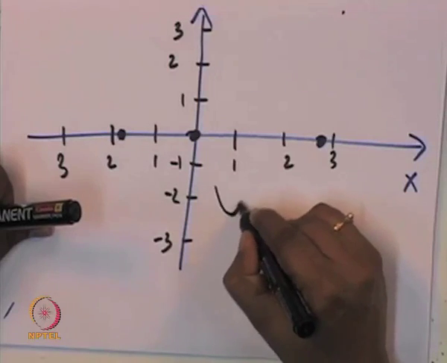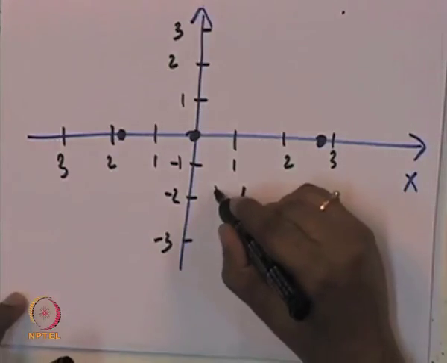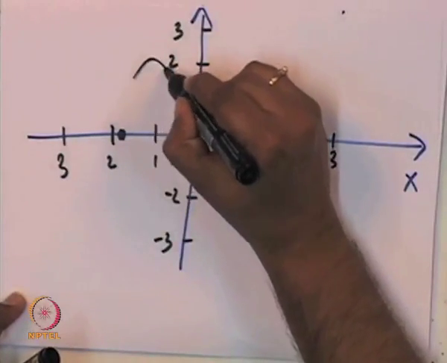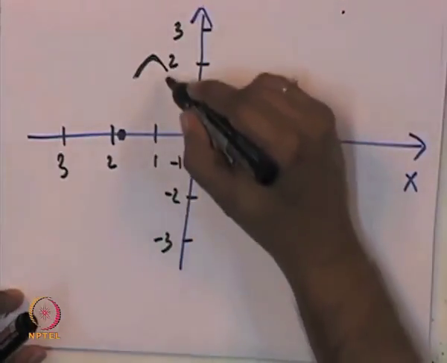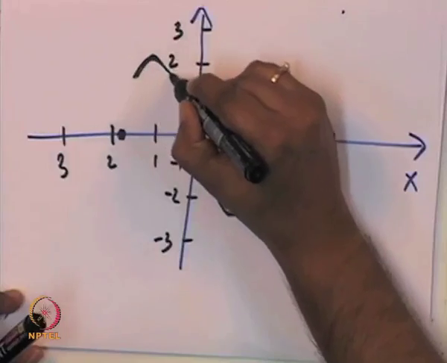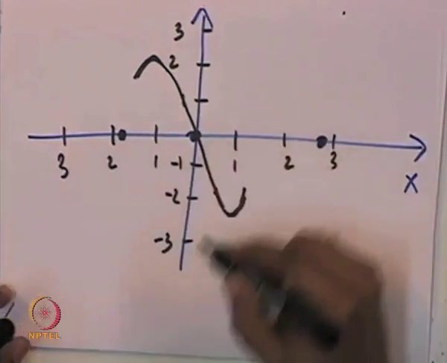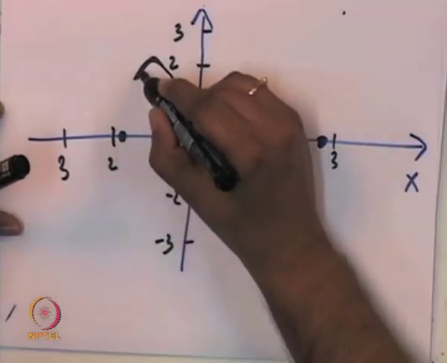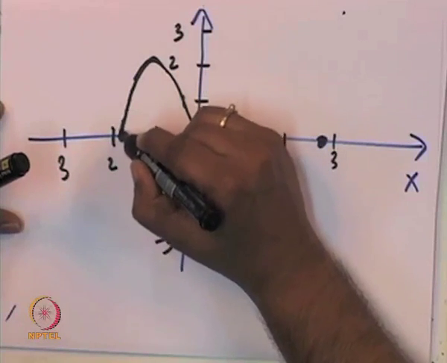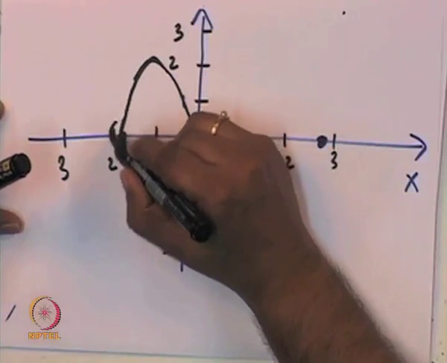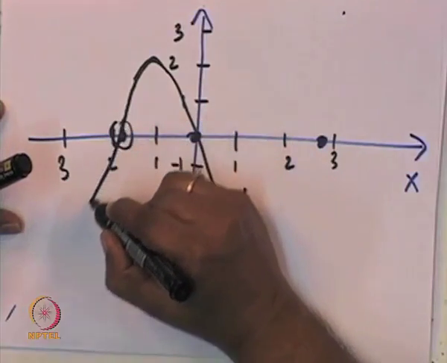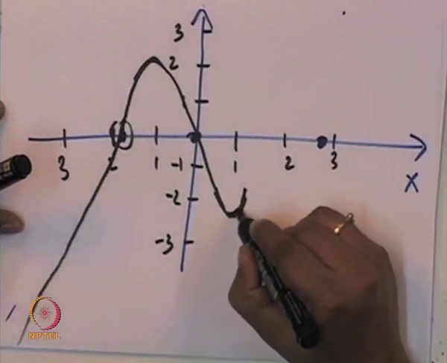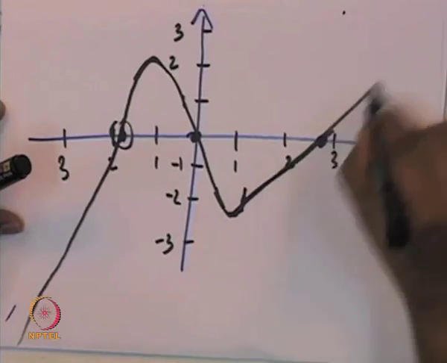So, we know that there is something like this here, and a maxima here, and it should pass through this 0. It has to have a maxima and a minima, and then again pass through this, another point where it is 0. Then it goes to infinity, and again here is a minima, and it passes through this and goes to infinity.